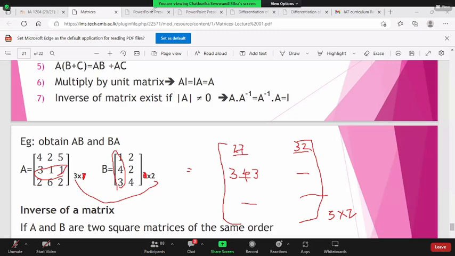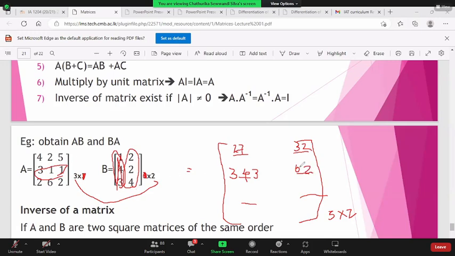Right. So now this position is okay. So in order to fill this position, now we forget about this. We consider this column, right? So with this row and this column, 2 times 3, 6. Then 1 times 2, 2.